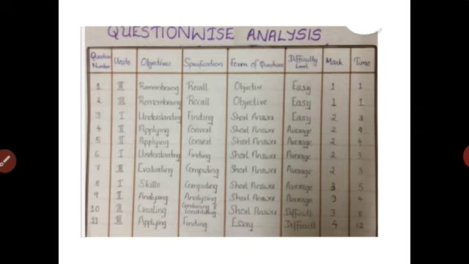It comes under the objective remembering. It comes under the specification recall. It is an objective type question. Its difficulty level is easy. It is a 1 mark question, and time allotted is 1 minute. Similarly, the details regarding the other questions are also given in this table.